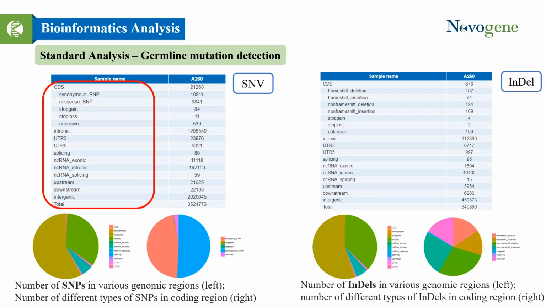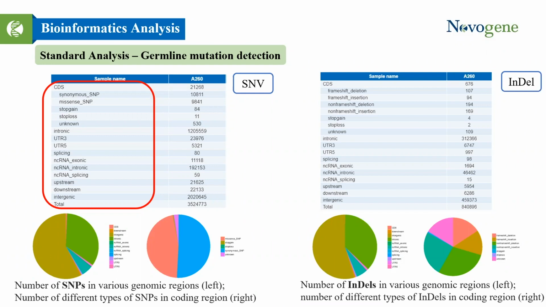Now we come to the germline mutation detection. On the left is a detection of SNV. SNVs constitute the largest class of genetic variants in the genome. In Novogene, we do statistical analysis for the detected SNVs and make a summary table as shown in this slide.